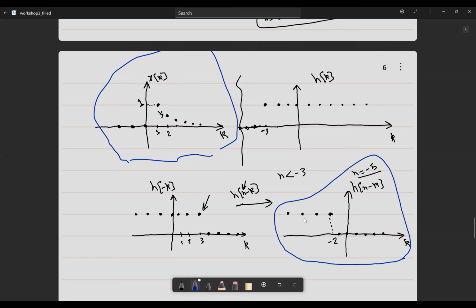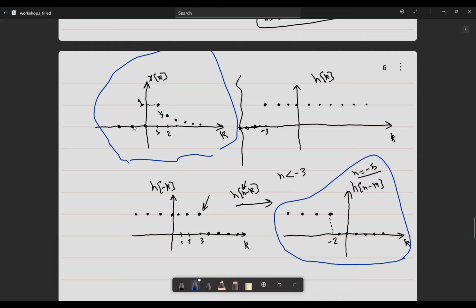That's correct, because we don't have any overlapping non-zero values. From k equals 0 and beyond, x[k] will be non-zero, but h[n minus k] will be zeros. So if we multiply them, they will be 0.